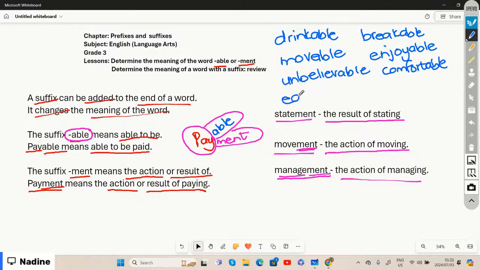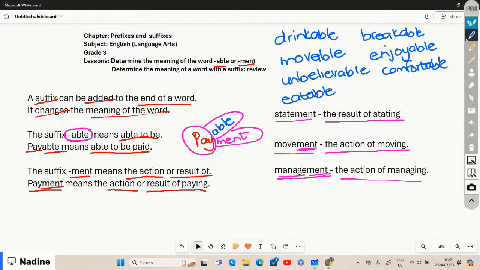Eatable, or we can even say edible. No, that's a different word. That's with able. So eatable, classable.